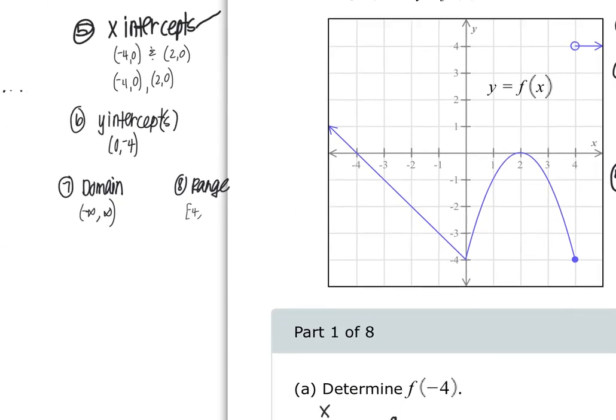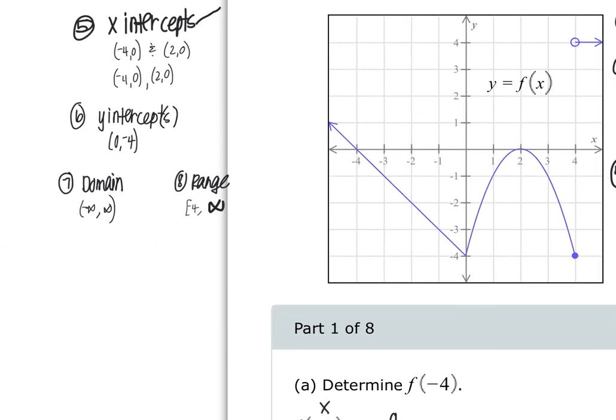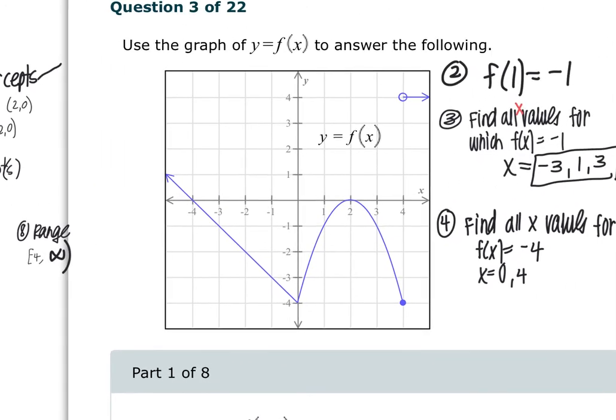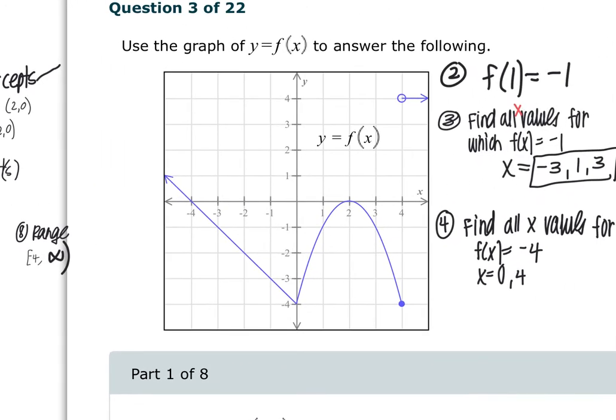So this graph ends at positive infinity. I do realize that we have graph right here at +4, but whenever I say we have graph from -4 to positive infinity, it includes that +4 value.